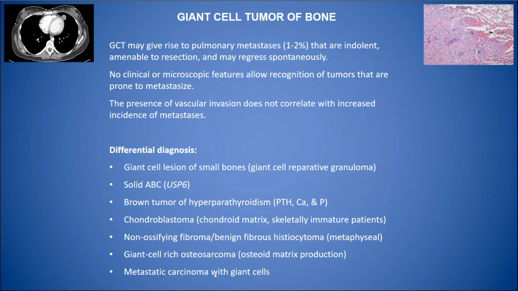Finally, metastatic carcinomas from the GU tract, pancreas, and breast, with an overabundance of osteoclast-type giant cells have been described and need to be ruled out in the appropriate clinical context. So radiographic appearance will be very helpful because it is so characteristic for giant cell tumor that it will be unlikely for that to be a metastatic carcinoma, but if you need to, you can resort to immunohistochemistry and of course a clinical survey looking for a primary.